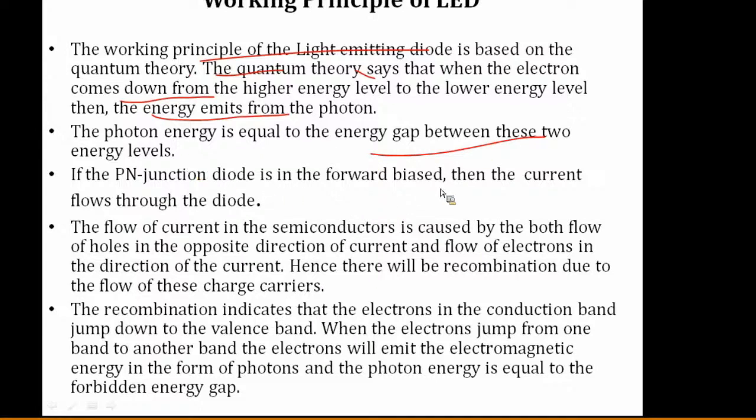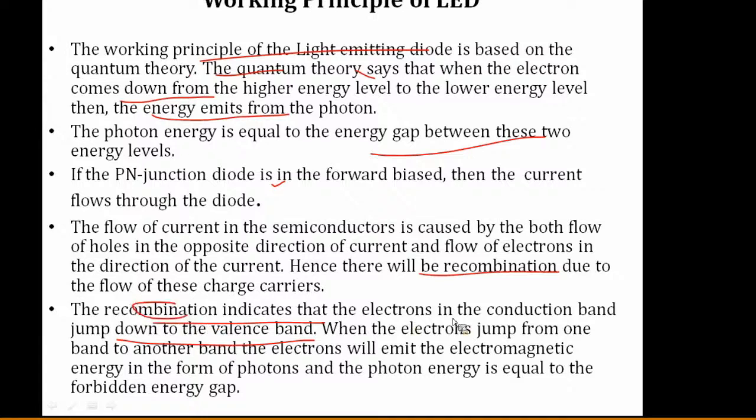If the PN junction diode is in forward bias, then the current flows through the diode. Ultimately, this is the basic concept. The flow of current in the semiconductor is caused by both the flow of holes in the opposite direction of the electrons. Hence, there will be recombination. I think the last slide, what I said, I'm elaborating in this present slide, that it is due to the flow of the charge carriers. Now, recombination indicates that the electron in the conduction band jumps down to the valence band.